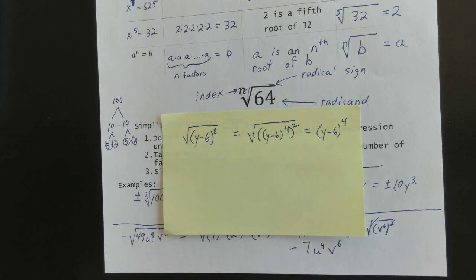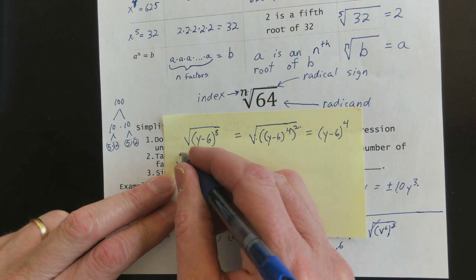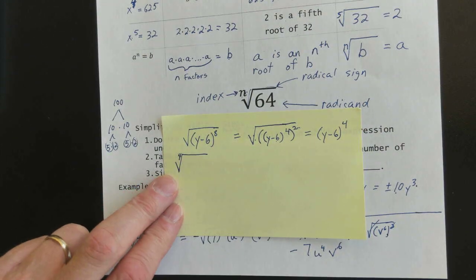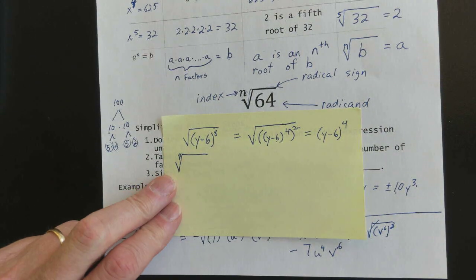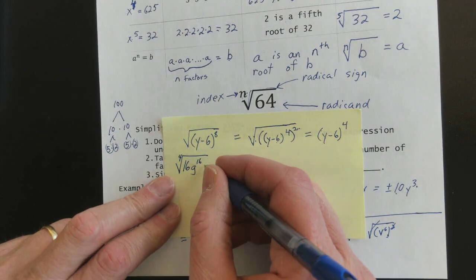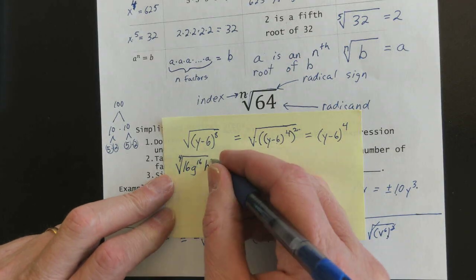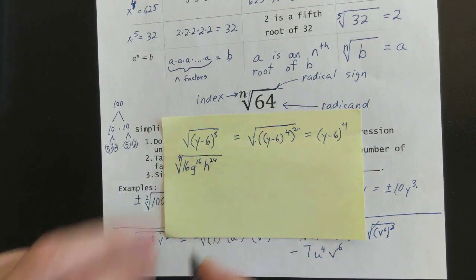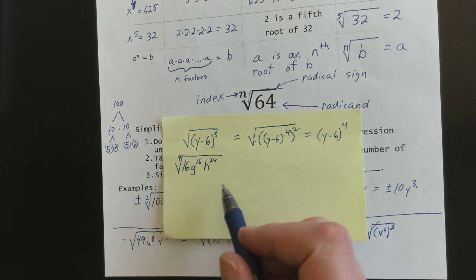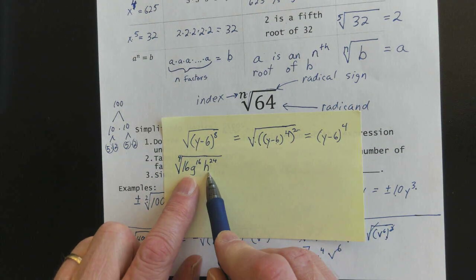And now let's deal with some other powers. I'm going to take the 4th root of 16 g to the 16th h to the 24th. I am really glad you guys don't want to write out all those factors of g and h. That'd be 40 letters that we'd be writing.